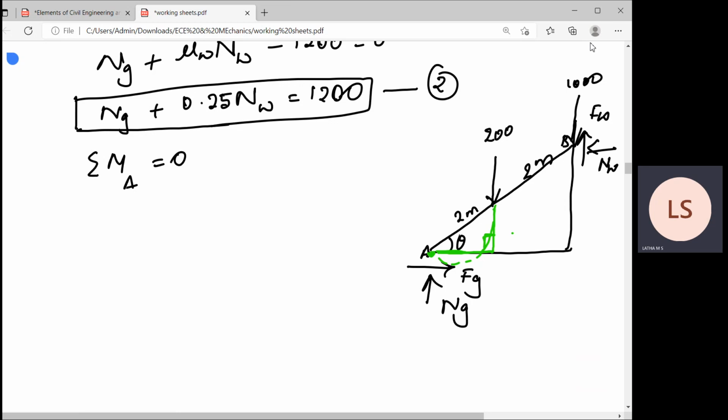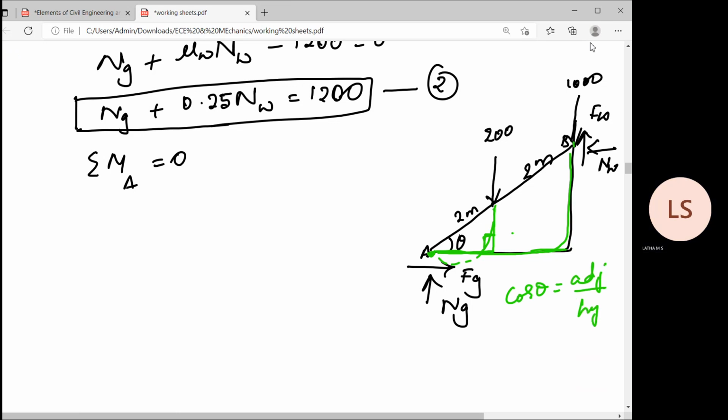And next 1000, how is it moving? It is moving clockwise. What is the perpendicular distance? This is the perpendicular distance. So 4 cos theta, because cos theta is equal to adjacent by hypotenuse, right? So the adjacent distance, I get it as cos theta into 4, right? Similarly, Fw, how is it moving?